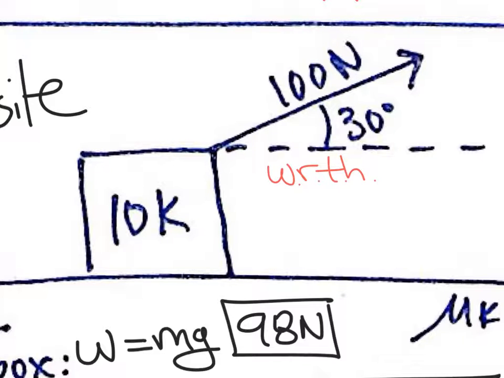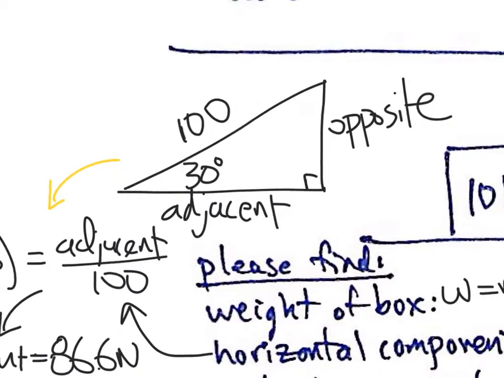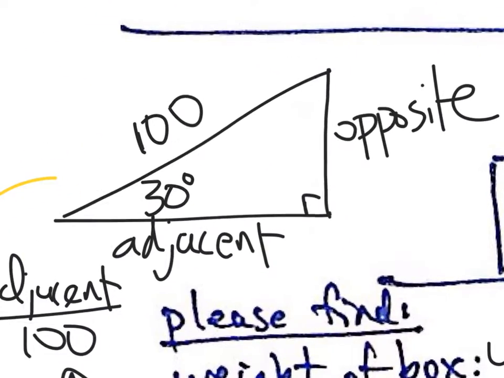Remember that? Okay, so I've worked out the SOHCAHTOA. You just have to know how to do this. Don't say you hate SOHCAHTOA and call it good. All right, learn it. Ask questions. You can do it. Here's our triangle. The 100 newton force is the hypotenuse. This is a 30-degree angle, adjacent side, opposite side.